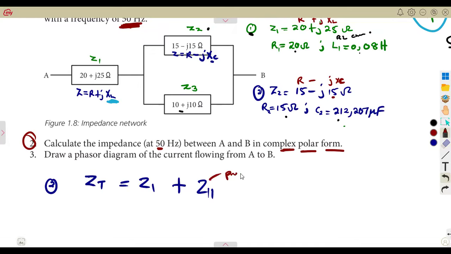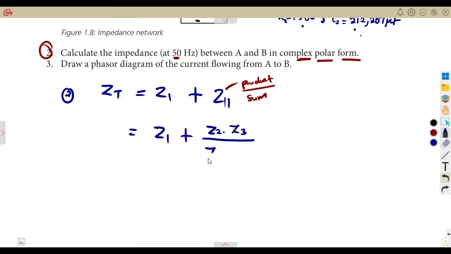Remember, in parallel does not change, guys. Product over what? Over sum. So this is going to be Z1 plus the product over the sum: Z2 times Z3 over the sum of Z2 and Z3.